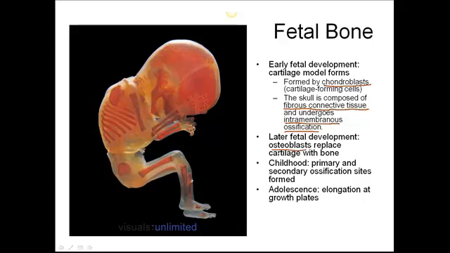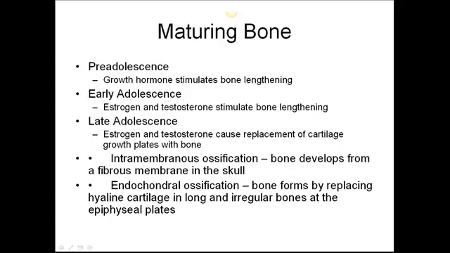And in adolescence, we get further elongation of the growth plates, and in men this goes on till about 25 years old. In pre-adolescence, before puberty, growth hormone stimulates all of the bone lengthening.